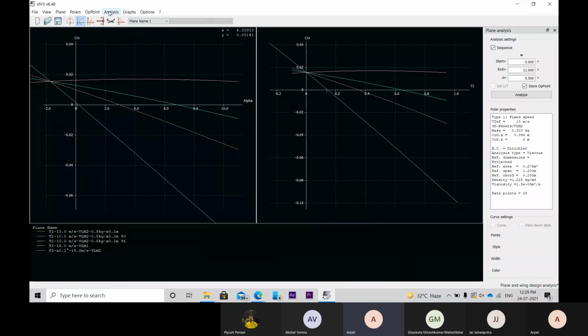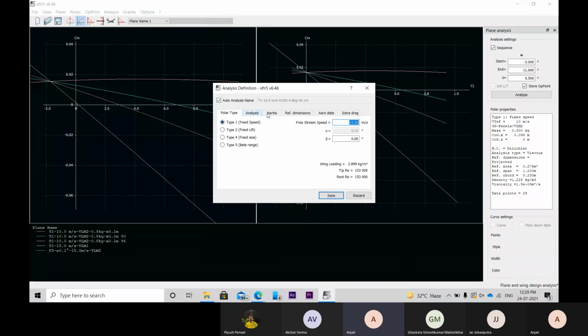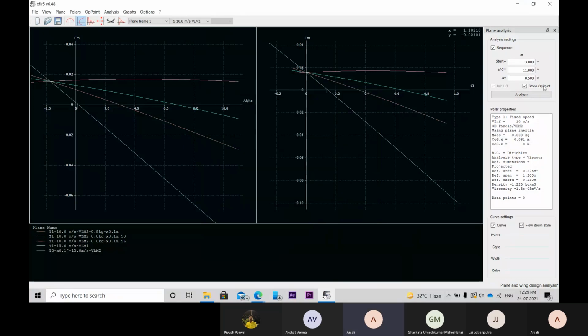Yeah, and then you can define an analysis. This time we'll be using the plane inertia because we have changed our center of gravity value to what we have found before.